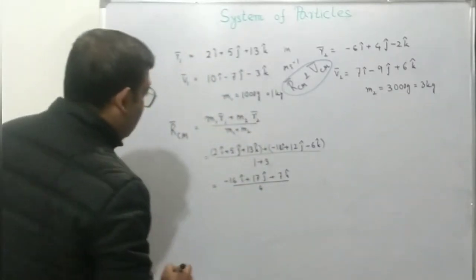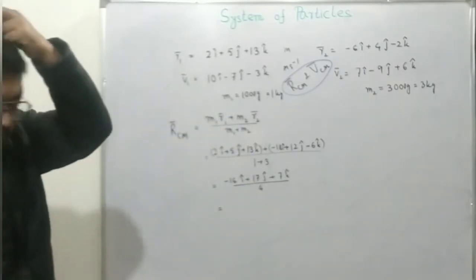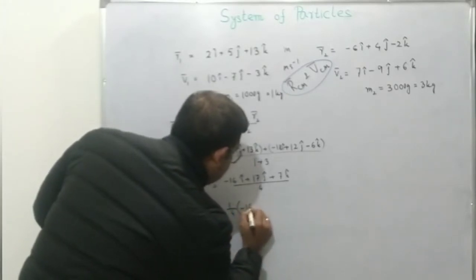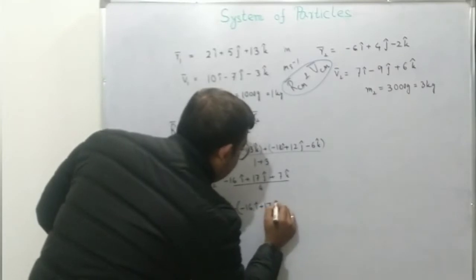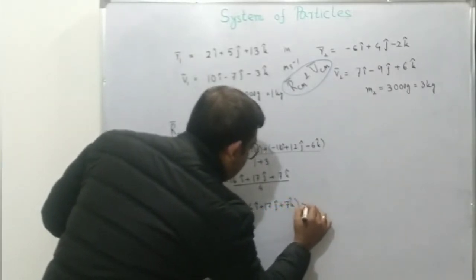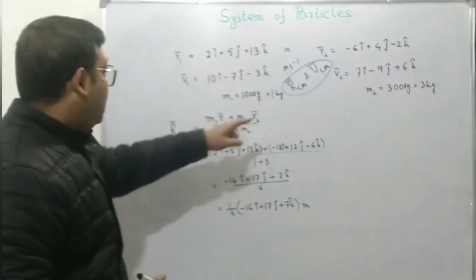Or we can rewrite this as 1/4 of minus 16 i cap plus 17 j cap plus 7 k cap meter. That will be the position vector for the center of mass.